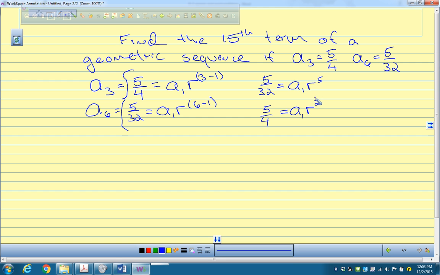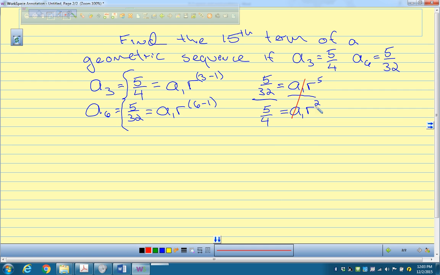And since those equations are both equal, I can divide both sides like that. I'm allowed to do that. I can divide an equation by something else that's equal to itself. What happens to my a sub 1s? When I divide, boom, right?